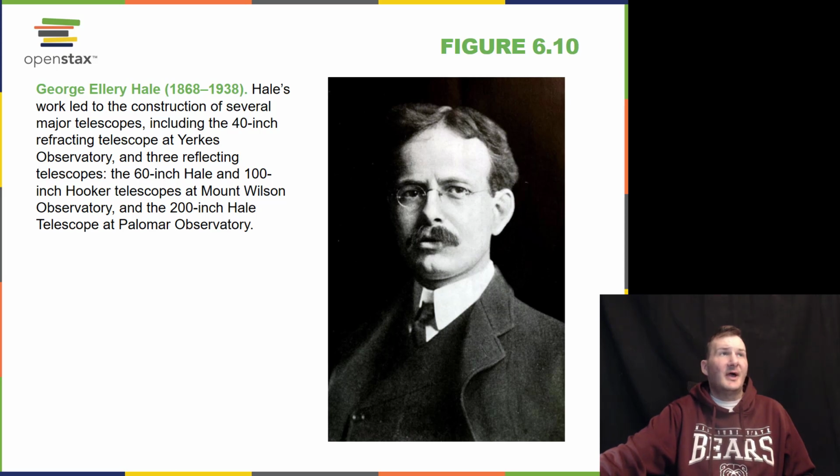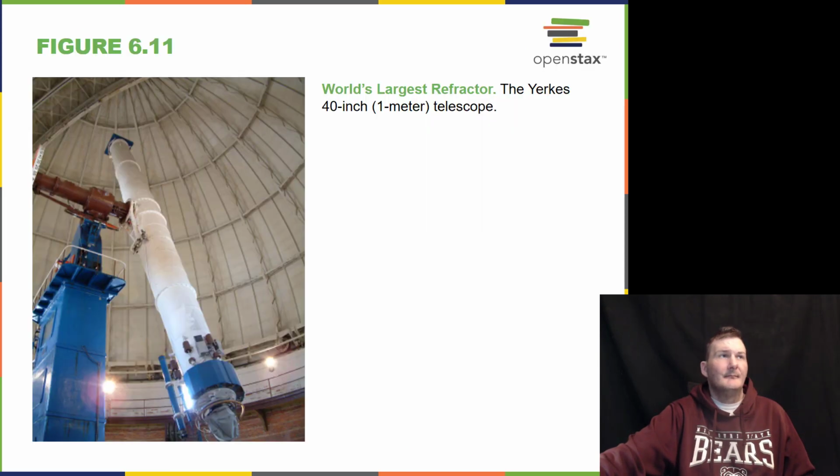So George Ellery Hale worked to build the 40-inch refracting telescope at Yerkes Observatory in Chicago, and also the Mount Wilson Observatory and the 200-inch Hale telescope at Palomar Observatory outside of LA. There is a physically limiting size to how big you can make a lens, and it is about 40 inches or about 1 meter.